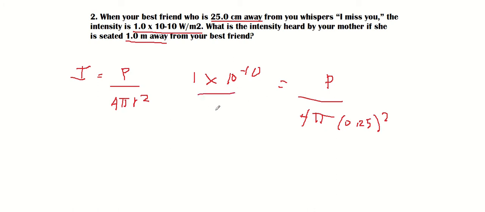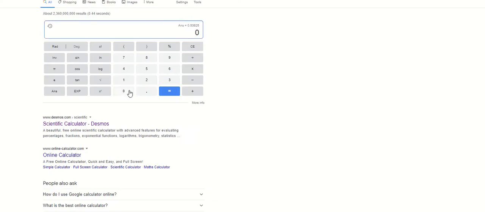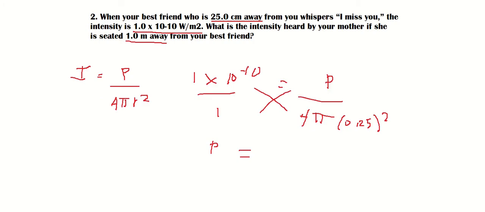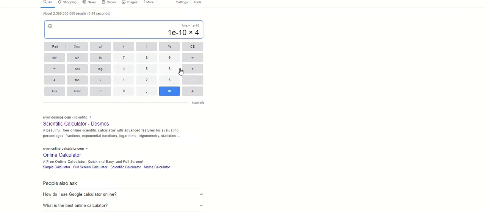So ngayon, cross multiply ulit. P lang. 1 times 10 raised to negative 10, tapos times mo siya sa 4 pi. Times 4 times pi times 0.25 raised sa 2.